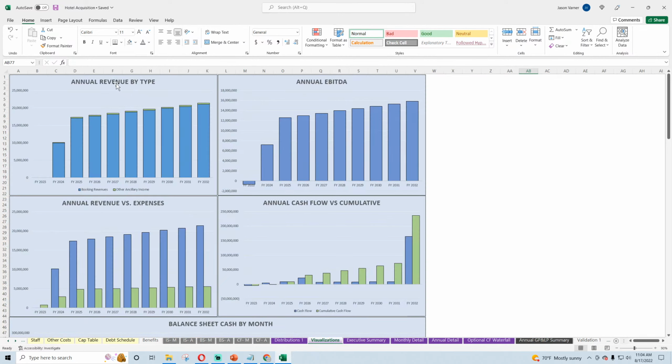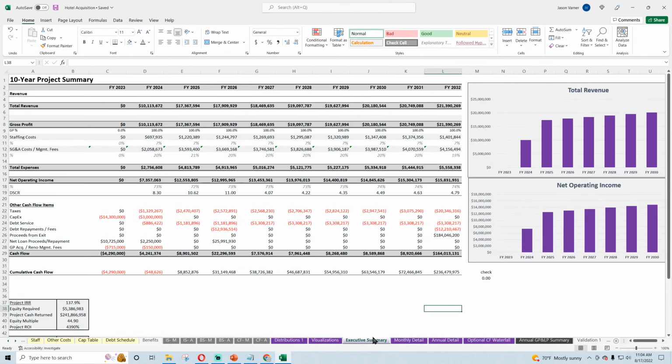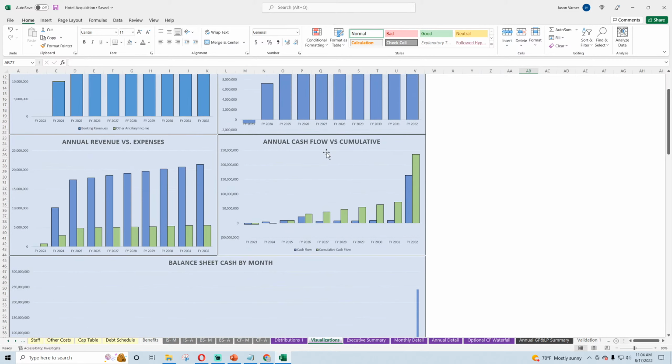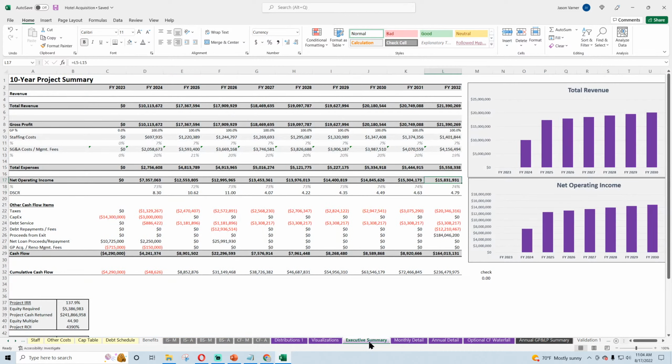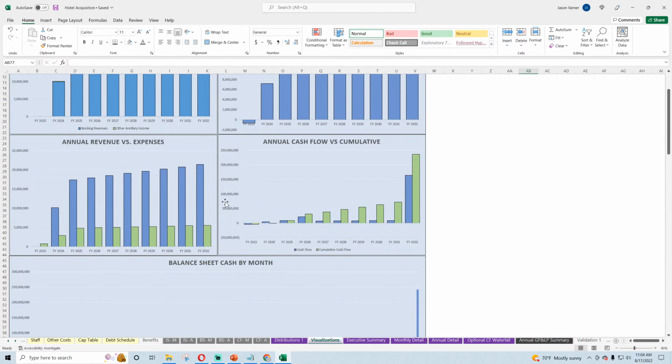Also, let's get into our visualizations. So annual revenue by type, that looks good. EBITDA 15.8. Let's make sure that's good. Yep. Annual cash flow versus cumulative. 236, 164. Okay.